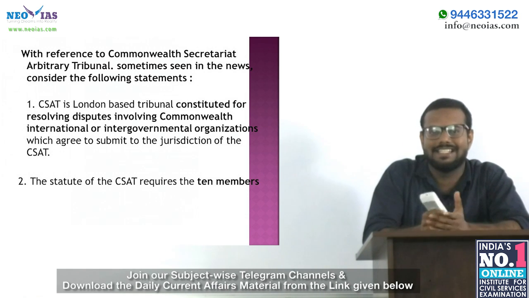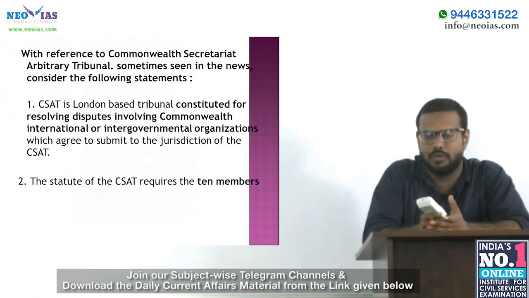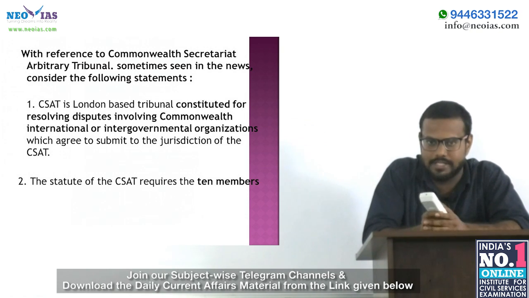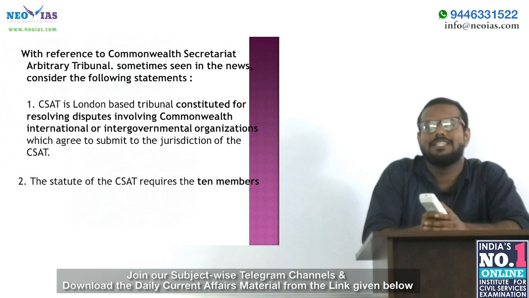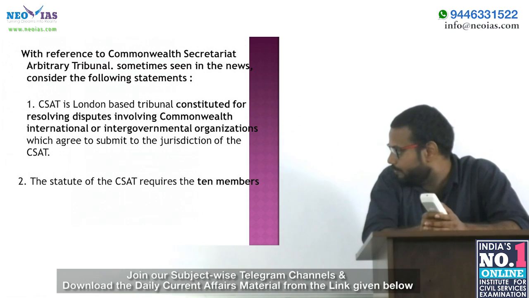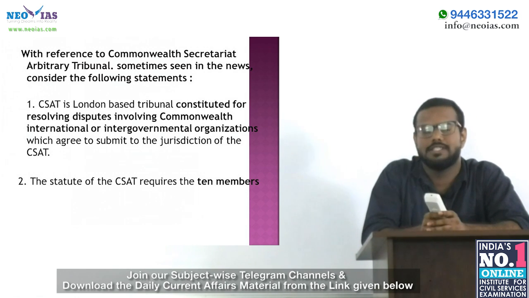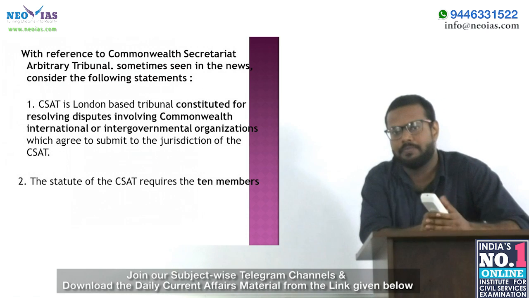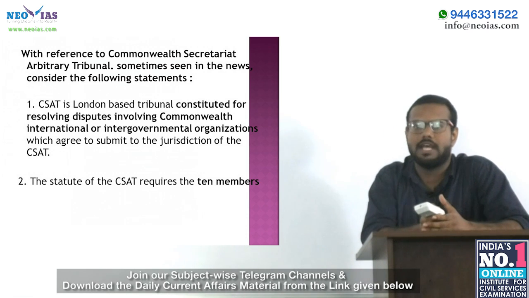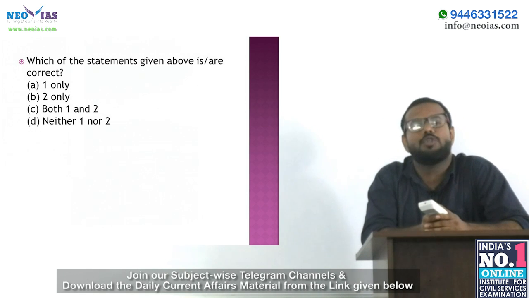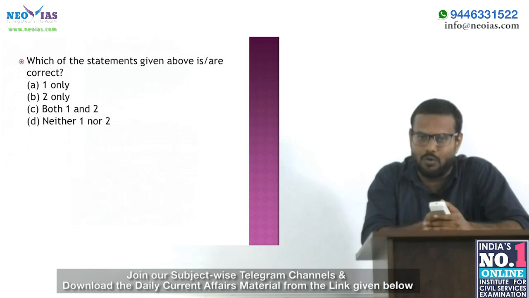The CSAT is a London-based tribunal constituted for resolving disputes involving Commonwealth international or intergovernmental organizations which agree to submit to the jurisdiction of CSAT. Statement 2. The statute of the CSAT requires 10 members. So these are the two statements, and the options are A, 1 only, B, 2 only, C, both 1 and 2, D, neither 1 nor 2.